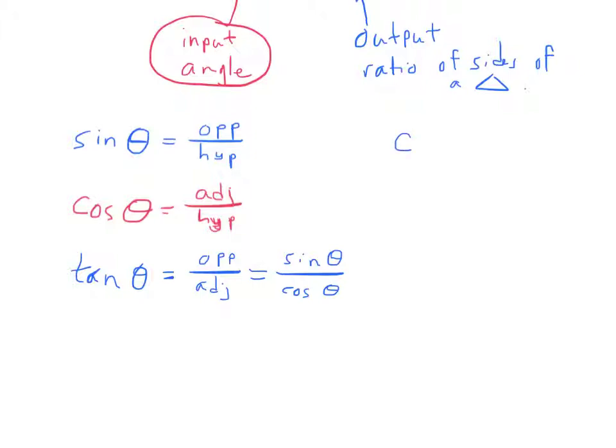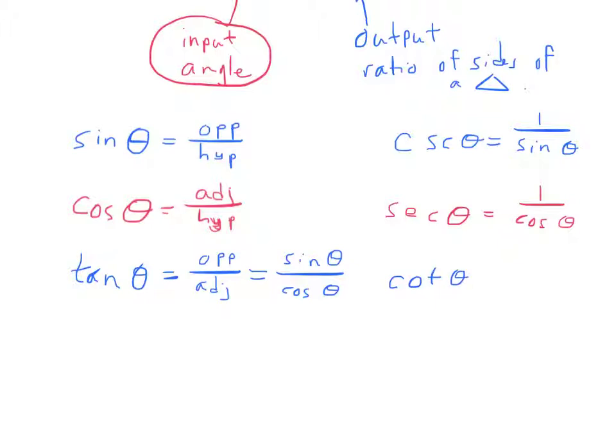The cosecant of an angle is the hypotenuse over the opposite, so I tend to just think about that as 1 over the sine of the angle. The secant of an angle is 1 over the cosine of the angle. And the cotangent of an angle is 1 over the tangent of that angle.